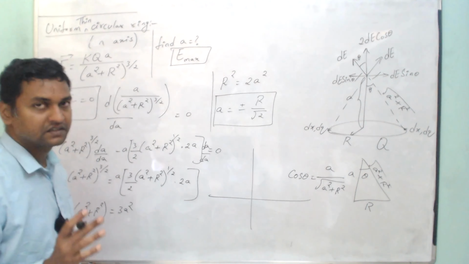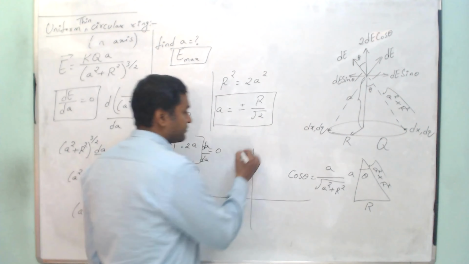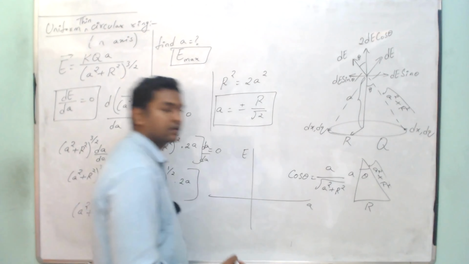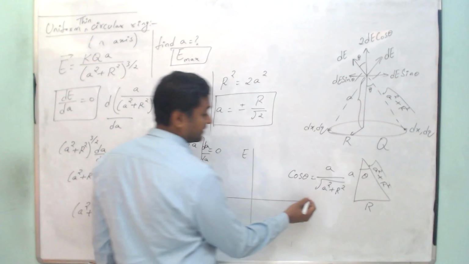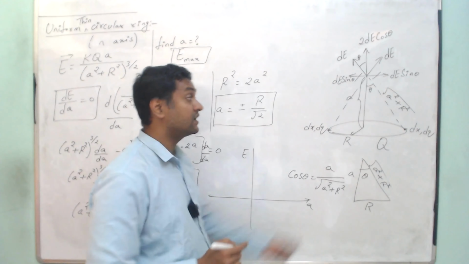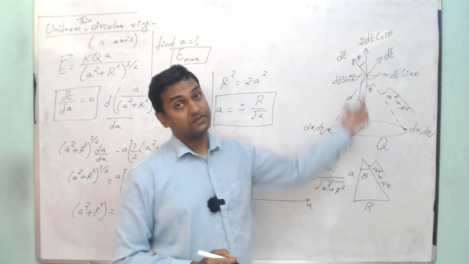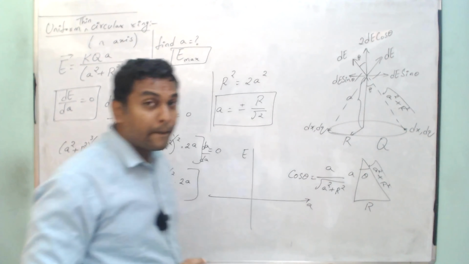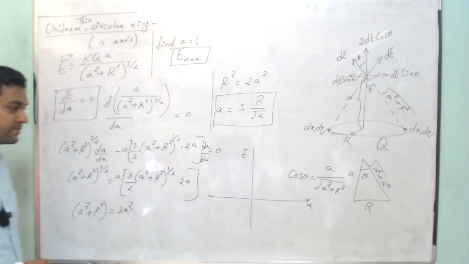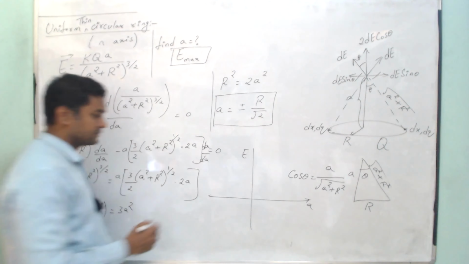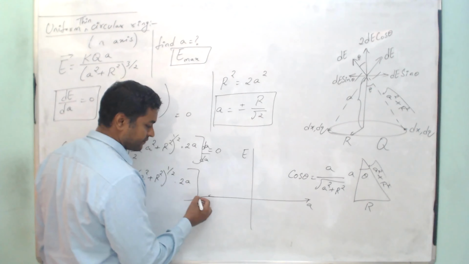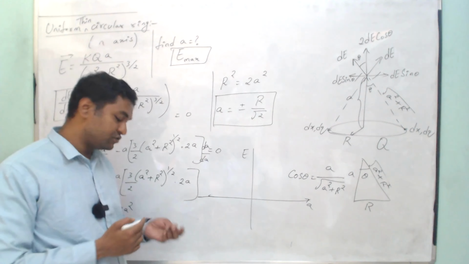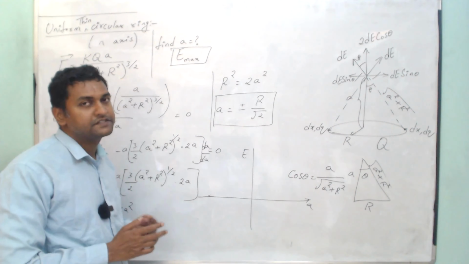Understand this. If I am drawing electric field with respect to A, what is A? A is the distance from the center, and I'm taking upward as positive. Whatever we got, we have to check it with the double differential to know which one is exact, to find out if it's a maxima or a minima.